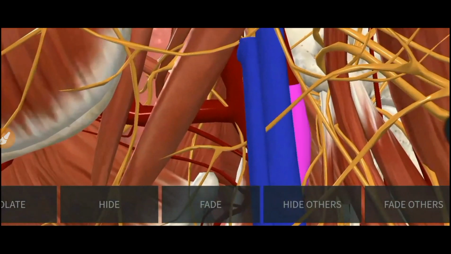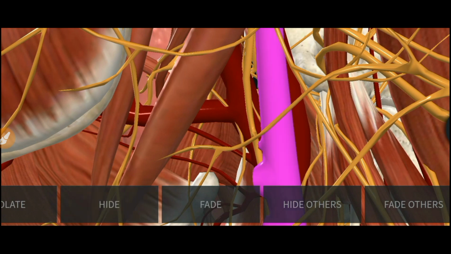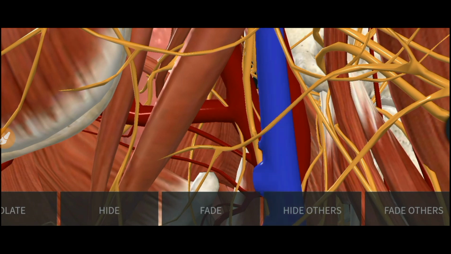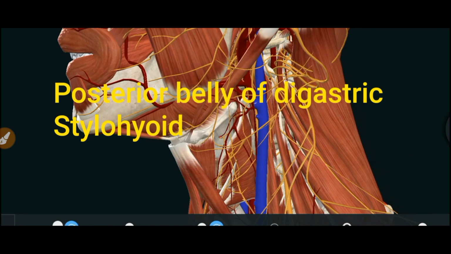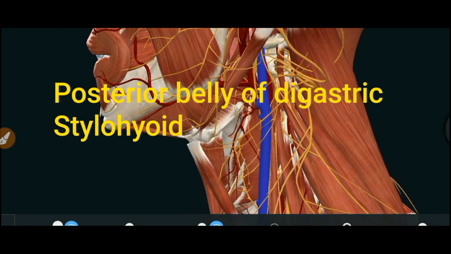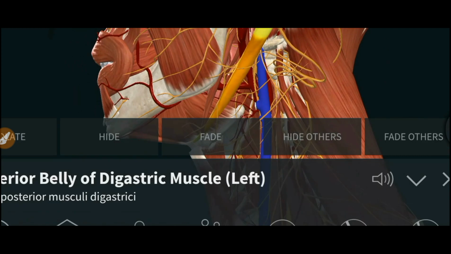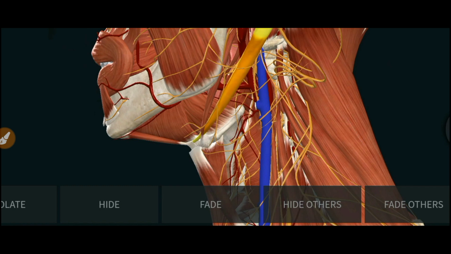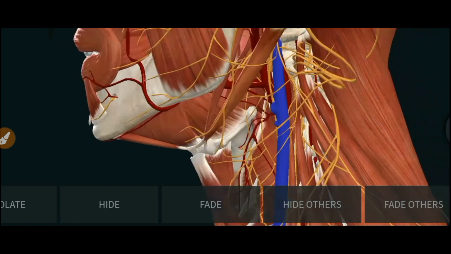Anterolaterally it is related to the sternocleidomastoid, vagus nerve, parotid gland, styloid process, glossopharyngeal nerve, loop of hypoglossal nerve, and here you can see the posterior belly of digastric and stylohyoid muscles are related there. So anterolaterally it has all these structures as relations.